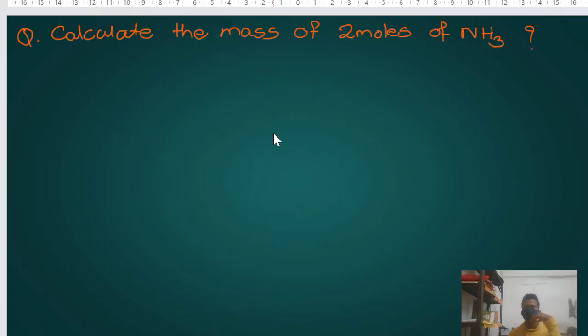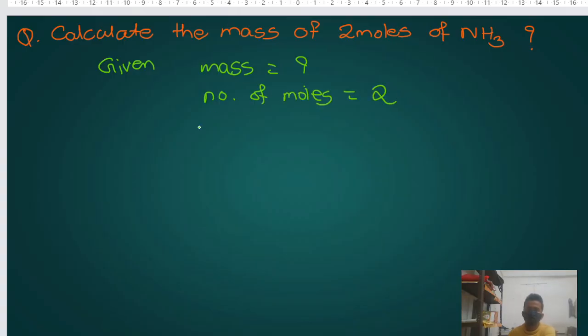Calculate the mass of 2 moles of NH3. So the mass of NH3 is being asked. So first of all, given: mass is not given, it is asking, and the number of moles is 2 moles, and the molecular mass of NH3 is not given, but we can calculate.